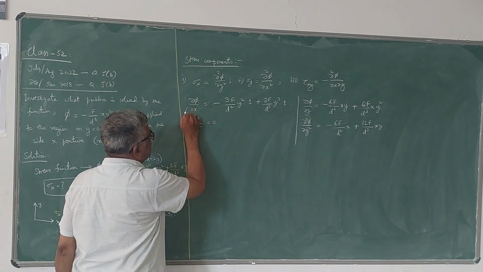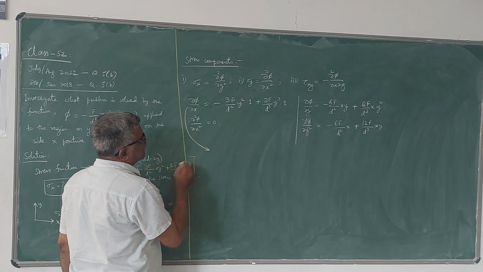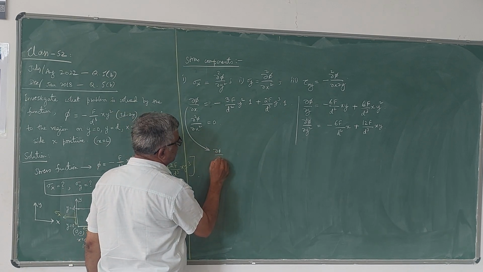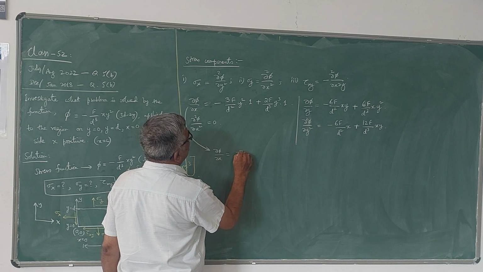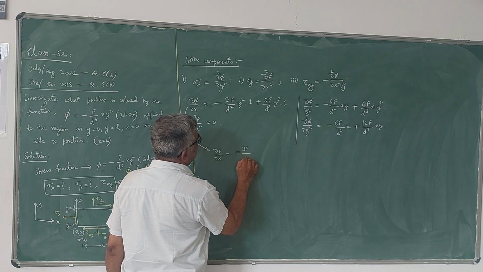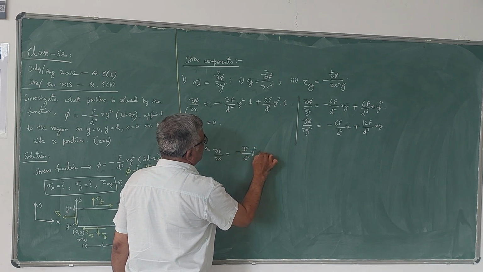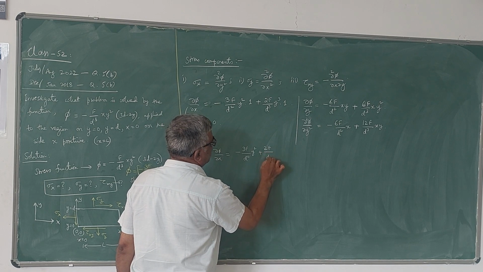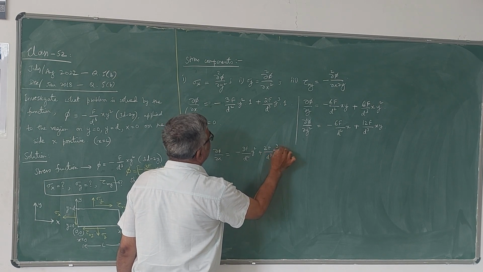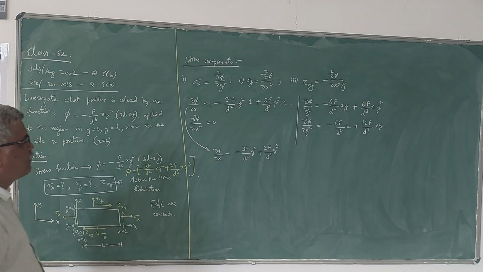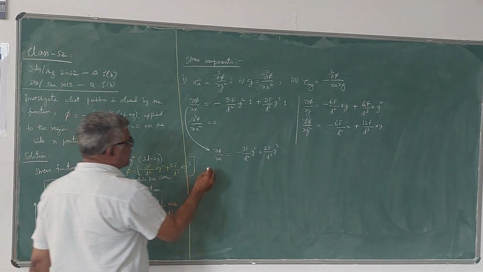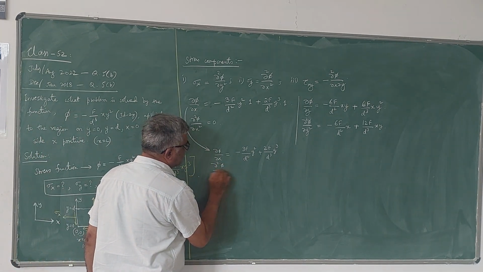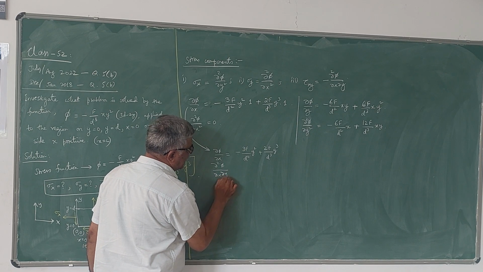So dou phi by dou x I have here. We know that dou phi by dou x is equal to minus 3f by d square y square plus 2f by d cube into y cube. I will differentiate this with respect to y now. So we will get dou square phi by dou x dou y.